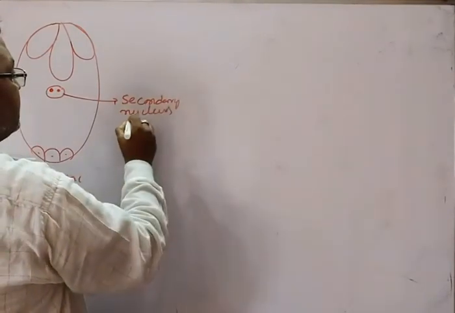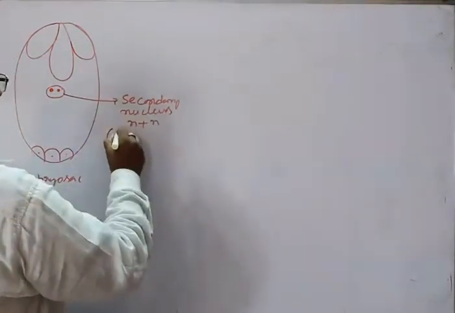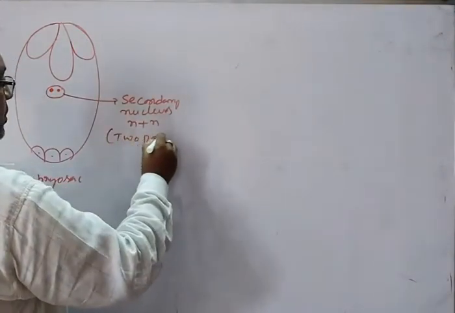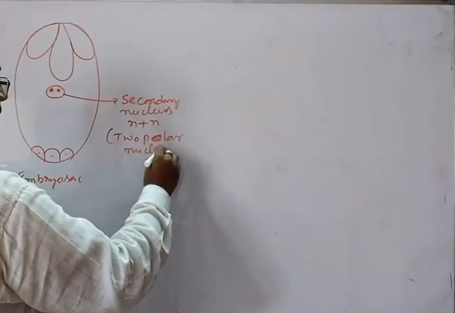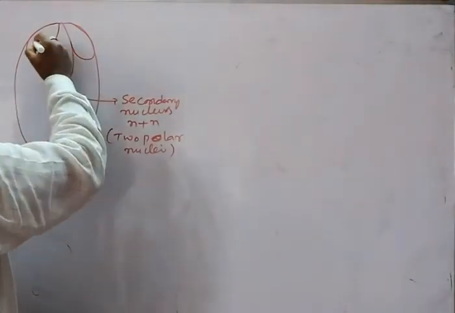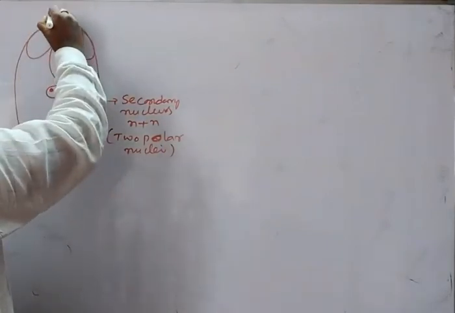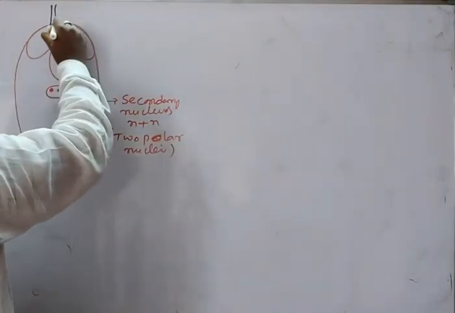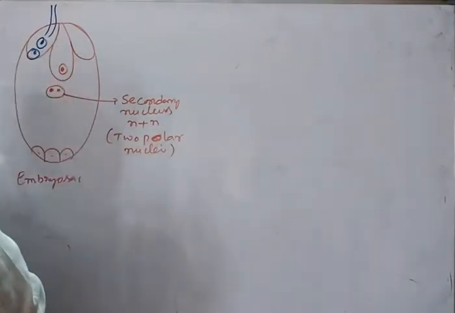Secondary nucleus is called N plus N. It has 2 polar nuclei fused to form the secondary nucleus. And this is the egg. Here the pollen tube has reached and it has transferred the 2 male gametes.